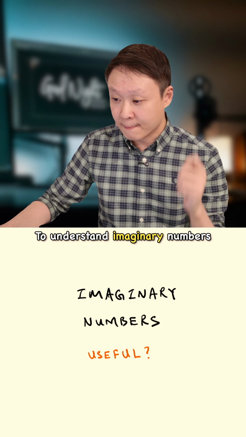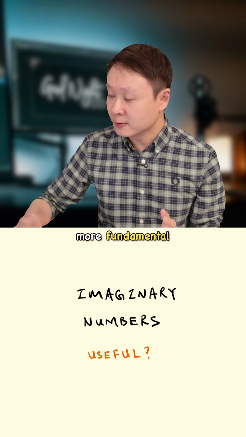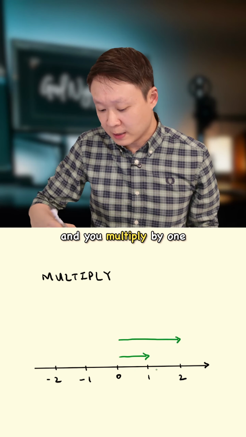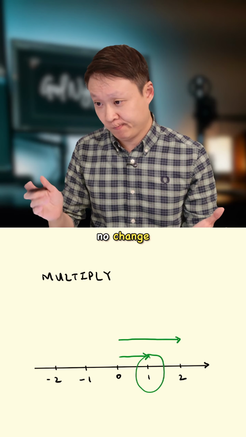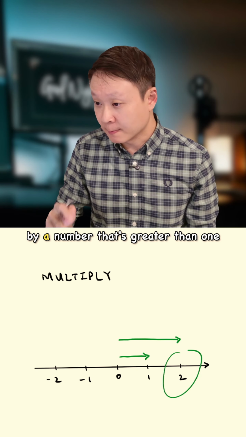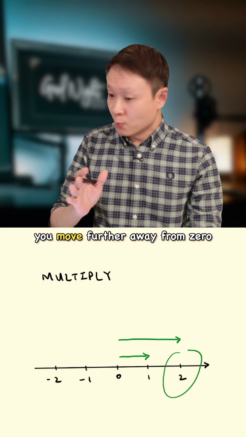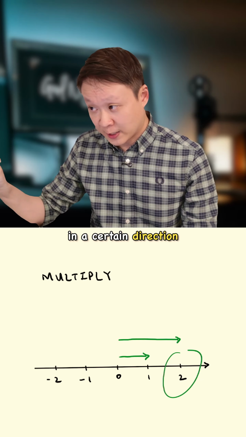To understand imaginary numbers properly, we first need to think about something more fundamental, and that is multiplication. Start with any number and multiply by 1, it represents the same quantity, no change. And if you multiply by a number that's greater than 1, the quantity increases. You move further away from 0 in a certain direction.